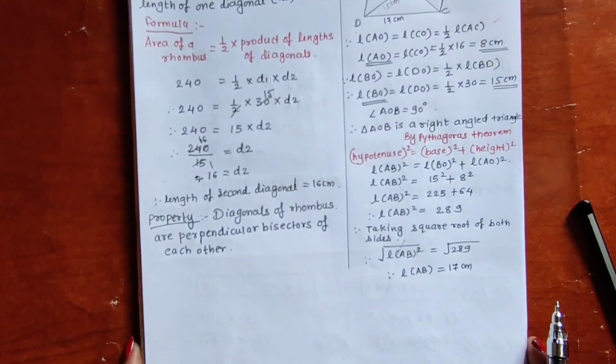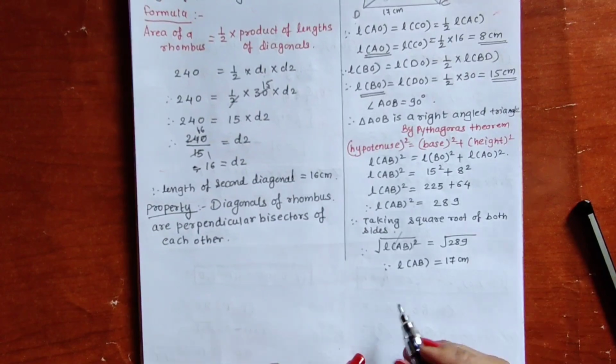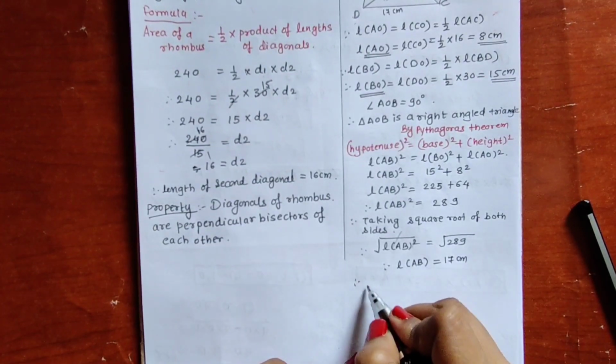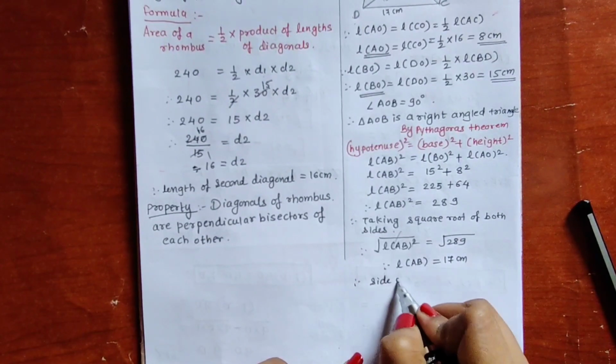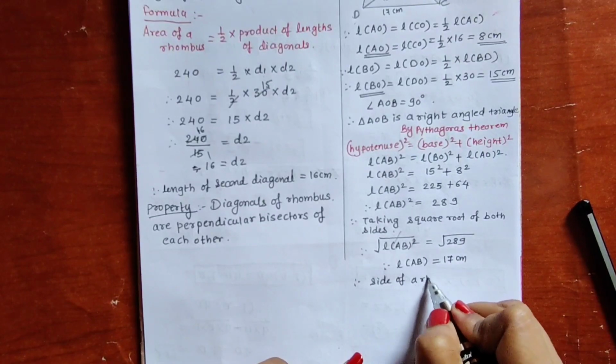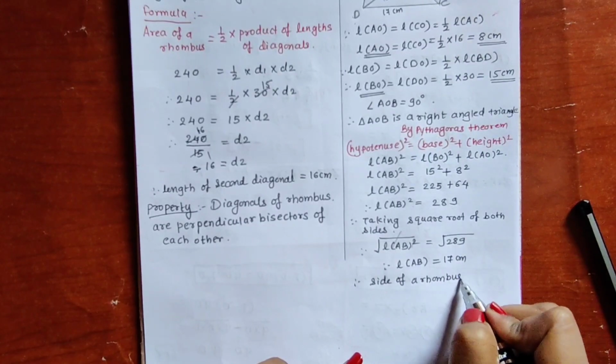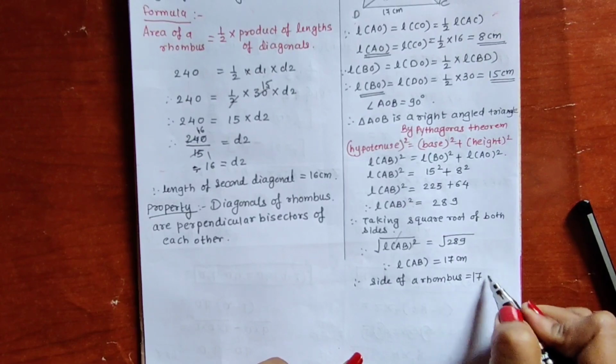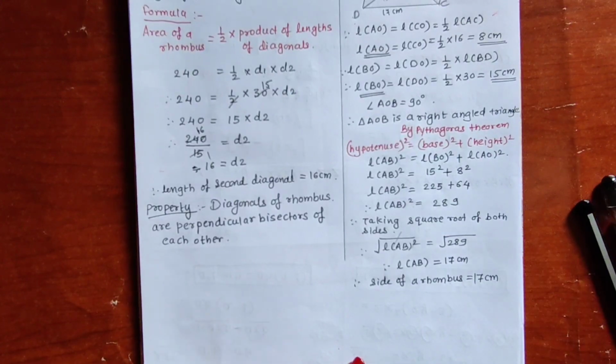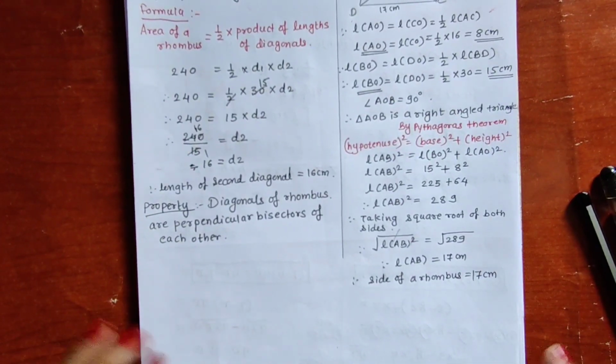So we will be applying the formula of perimeter of rhombus. First we write, therefore, side of a rhombus is equal to 17 centimeter. Now we will apply the formula for perimeter of rhombus.